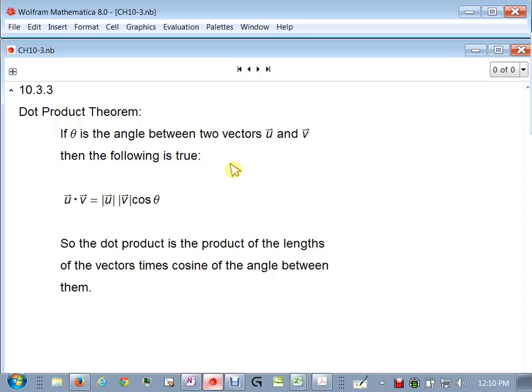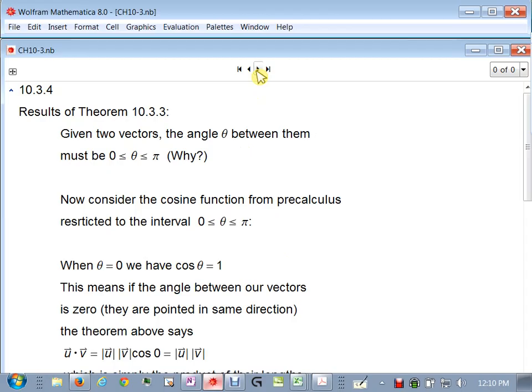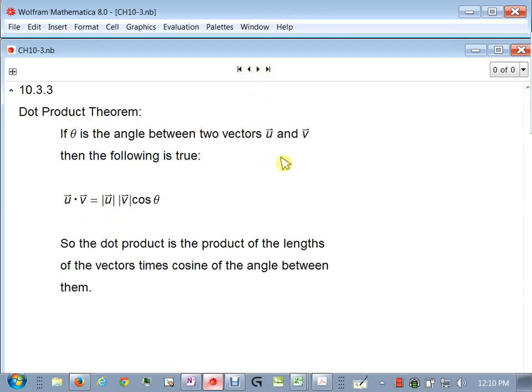So geometrically, the dot product of two vectors gives you a number, and that number can be found by taking the magnitude of u times the magnitude of v, their lengths, times cosine of the angle between them.